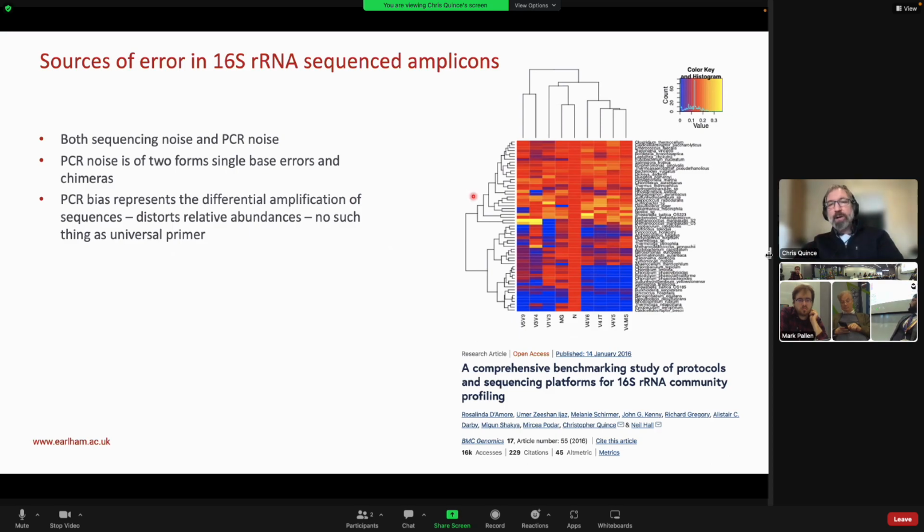Now, the other thing to bear in mind is PCR bias, okay? So this is taken from a study of mock communities that we did a little while ago, but the principle holds even though the technology has changed. So we were doing 454, and we've got these different variable regions here, so V3, V4.